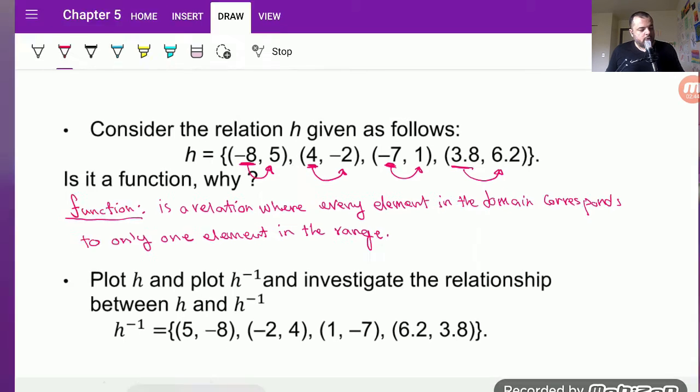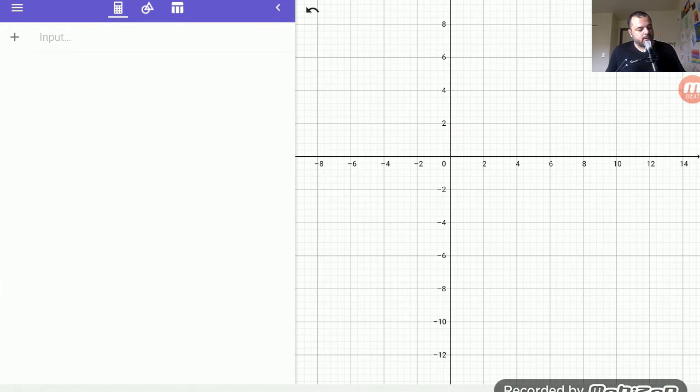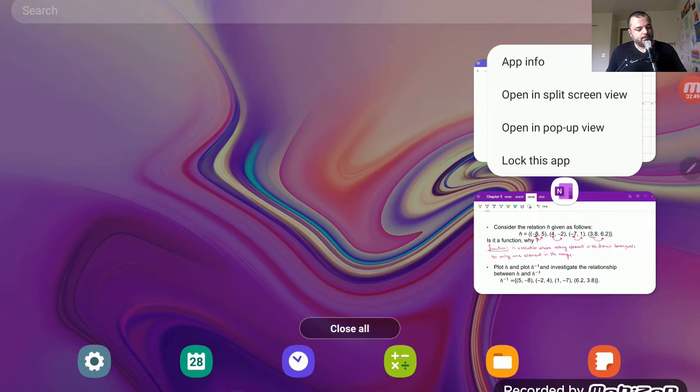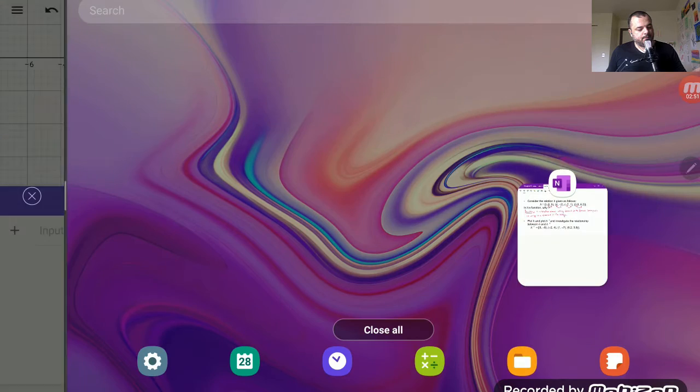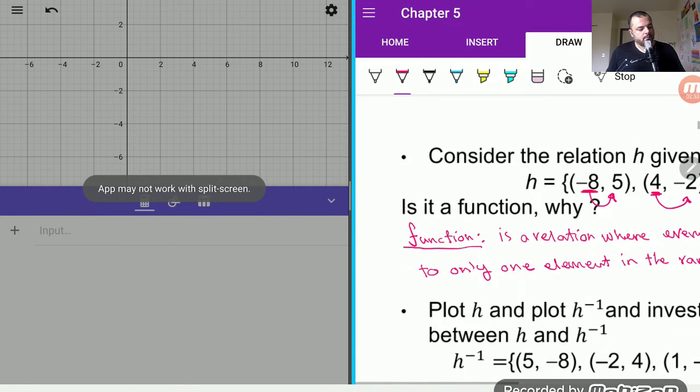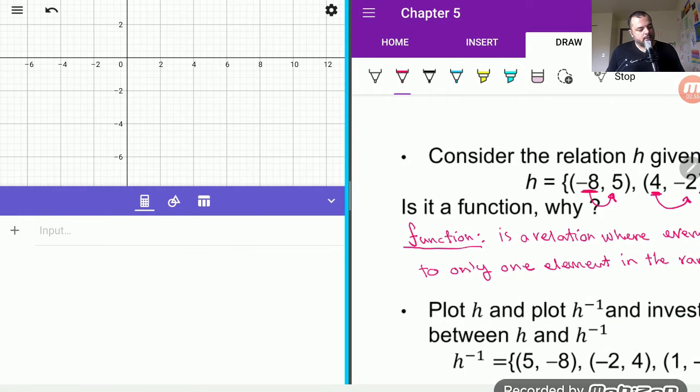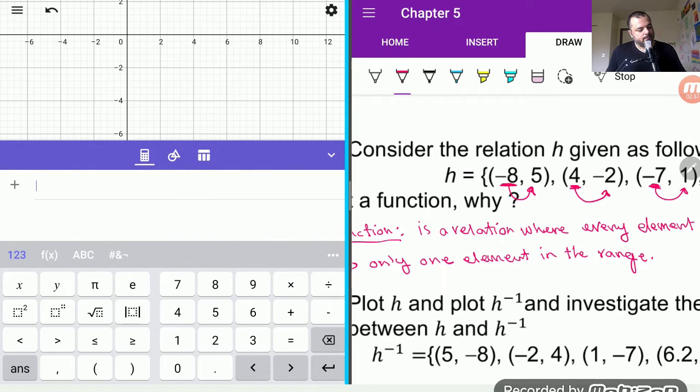If you go to GeoGebra and try to graph these points, let me plot these points. The points are -8, comma, 5. The other point is 4, comma, -2.